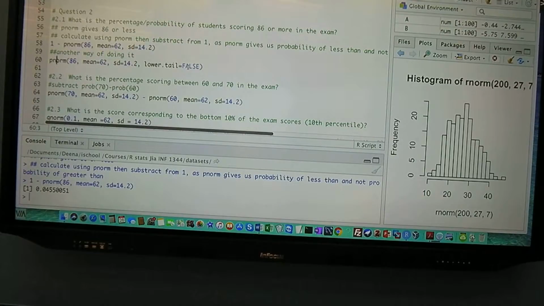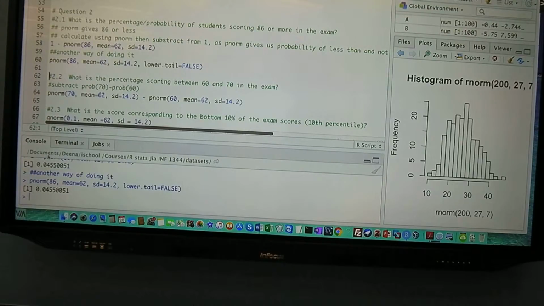If I set lower dot tail equal false, that will give me the same thing that I did if I did 1 minus. So if I run this command now, P norm 86 mean equals 62, but with the lower tail of false, I get the same answer that I got before with doing 1 minus.